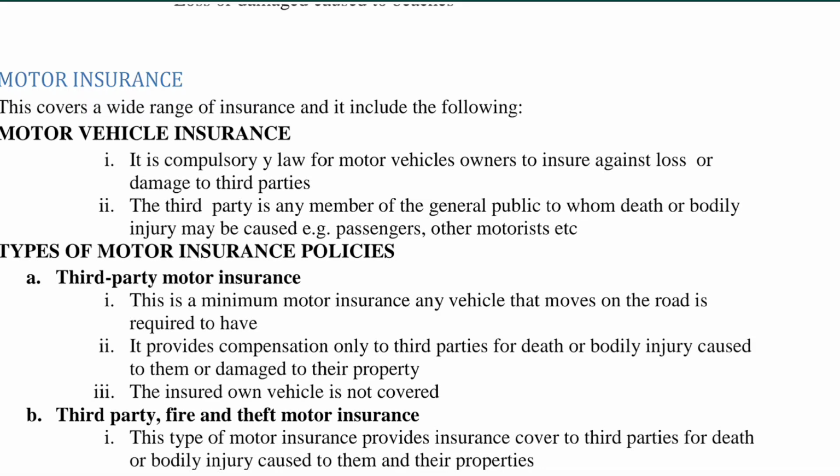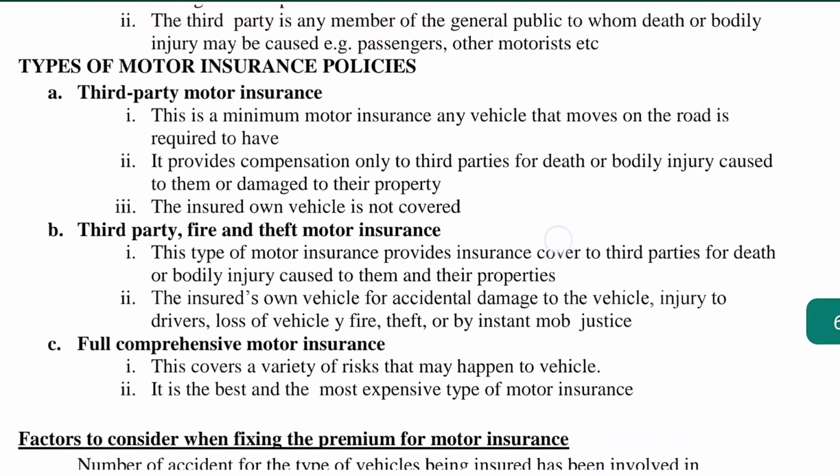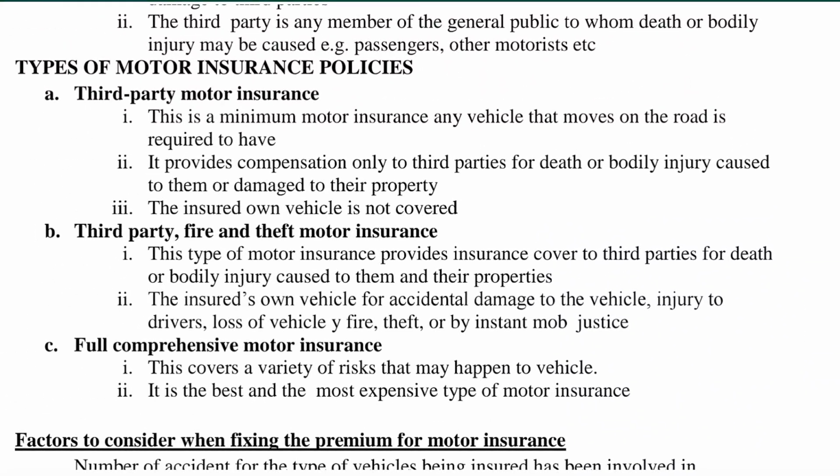Types of motor insurance policy. You have the third party motor insurance. We also have the third party fire and theft motor insurance. Also have full comprehensive motor insurance. Now, listen. The third party motor insurance is the minimum motor insurance any vehicle that moves on the road is required to have.